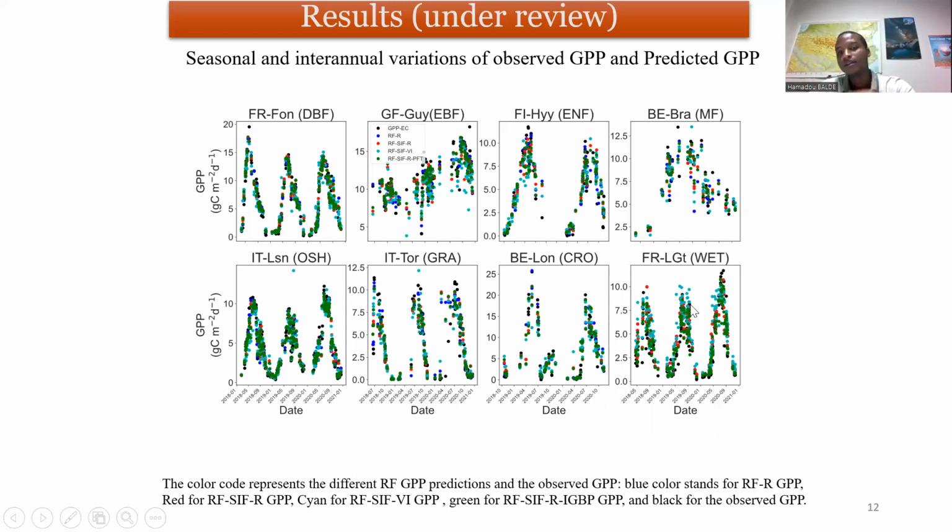But something important that I need to mention is that all our models suffer, for example, from underestimating GPP in some sites and years. For example, here in the wetland, all models underestimated the maximum of GPP. And here in the grassland as well, in 2020, we have the same situation.